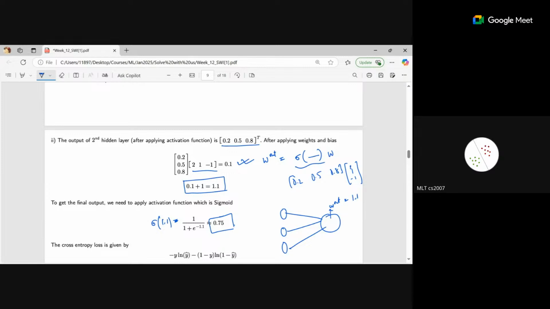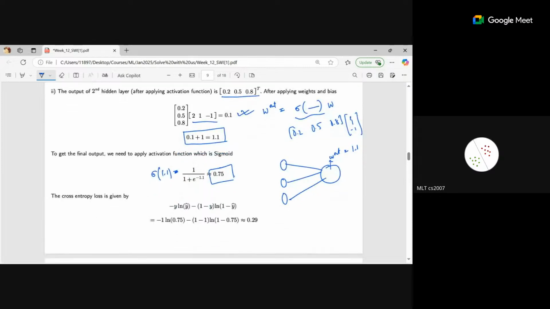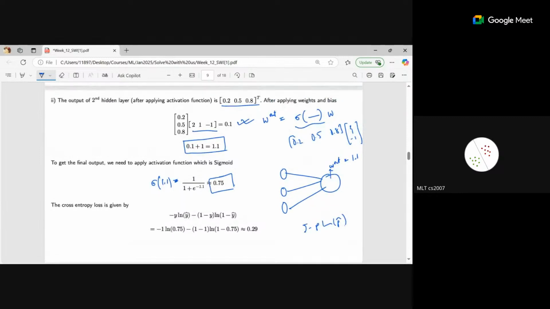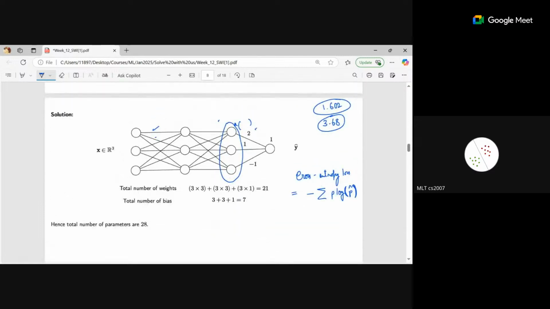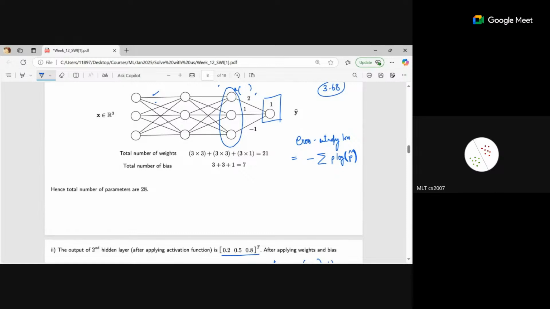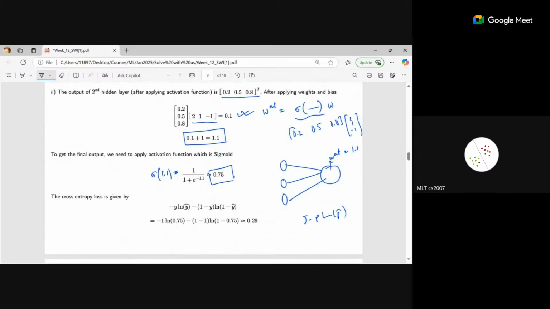As we saw, the cross entropy loss will be given by the sum over minus p log p hat. So in this case, what is my p here? The true y is 1, it is given to us. The final output is 1, so this is the true y.